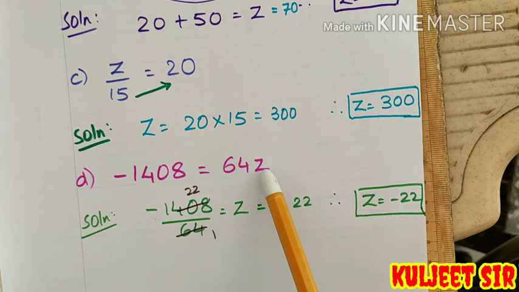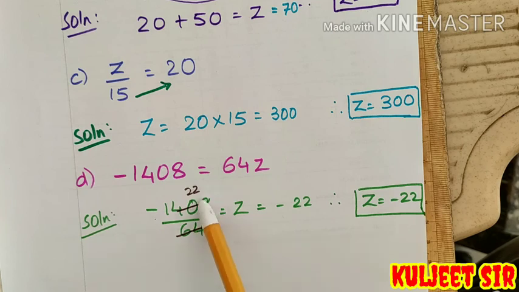I keep the z constant here and I take 64 underneath minus 1408. So you can see 1408 upon 64, and 64 ones are 64, 22 times. Yes, okay, but here there is a minus sign, so the answer will also be in minus. So the value of z is equal to minus 22. Hence I get the value of z is equal to minus 22.